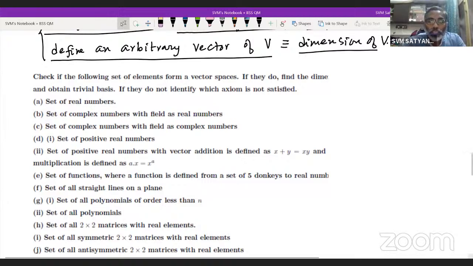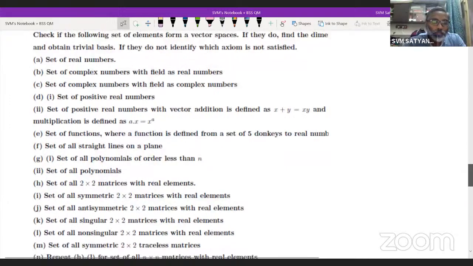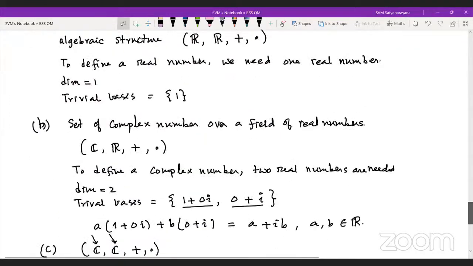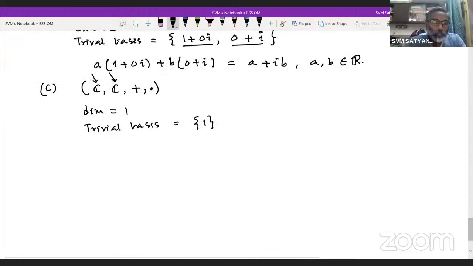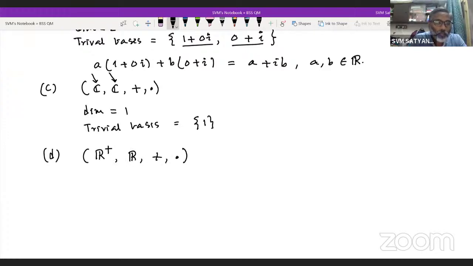So in this D, I am now talking about the set of positive real numbers. In D, I have the set of positive real numbers, which I will call R plus, and then the scalars are R, and plus and so on.